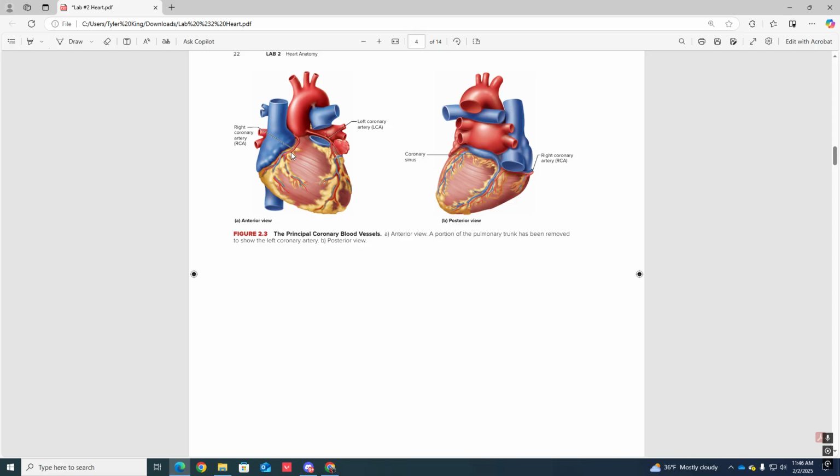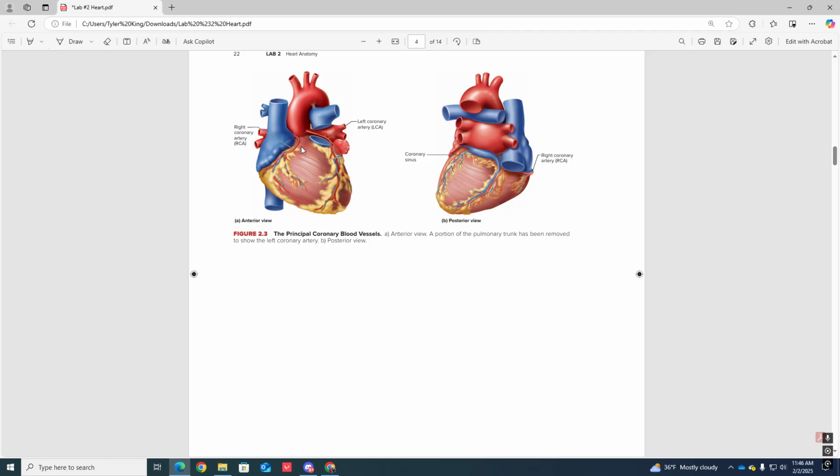And because of that, as we know, when muscles don't get blood, they shut off. So when the myocardium shuts off, it's not going to be able to contract and pump blood. So because of that, we get what is known as a heart attack.